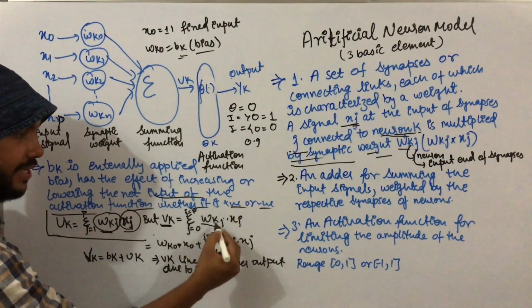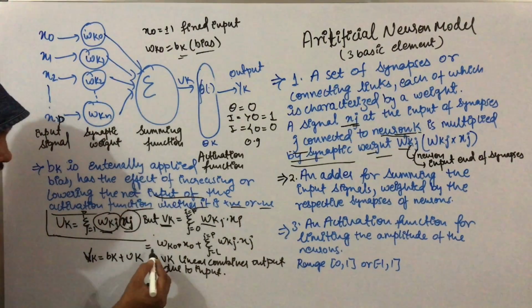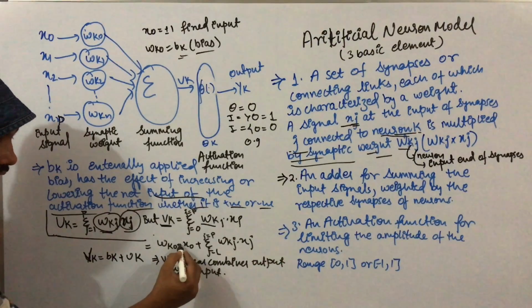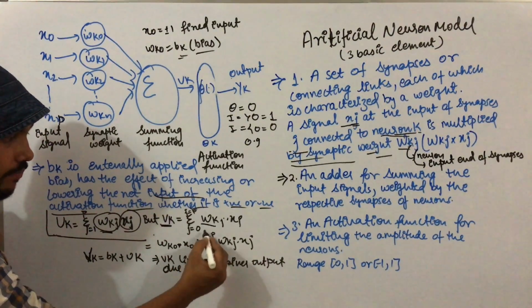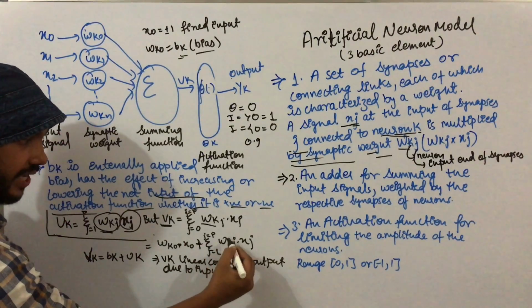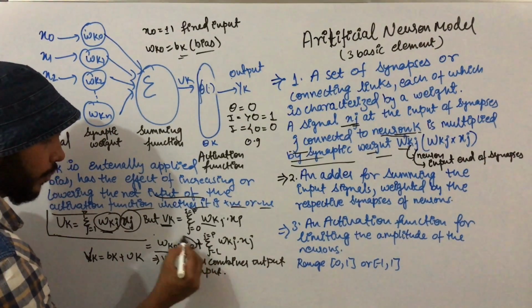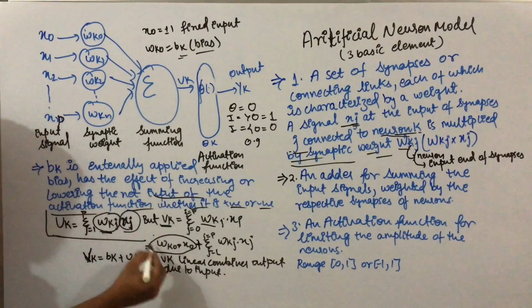And now we can write this as wk0 into x0 plus the summation from j equals 1 to p of wkj into xj. And now we can say this first term is what our bias is.